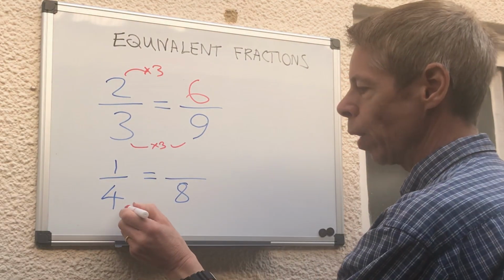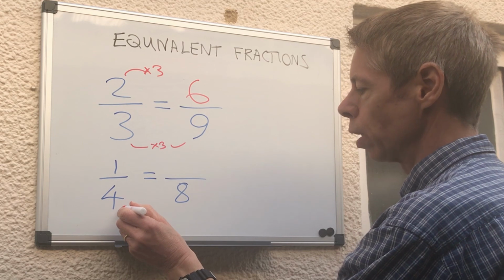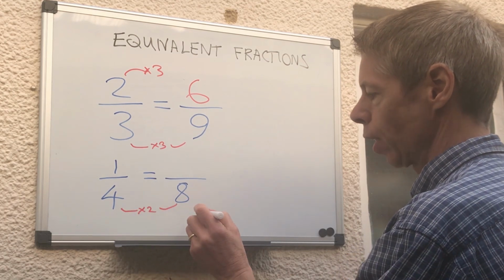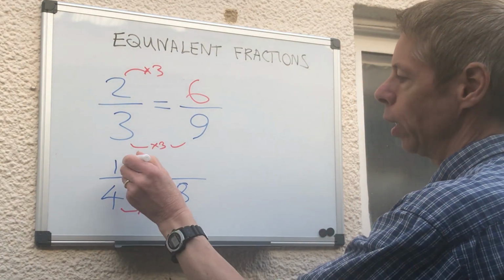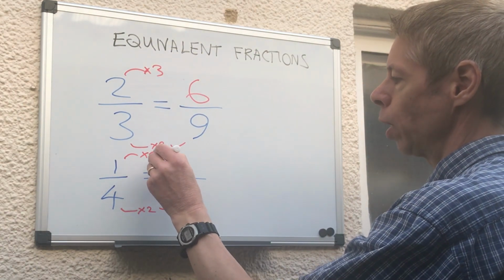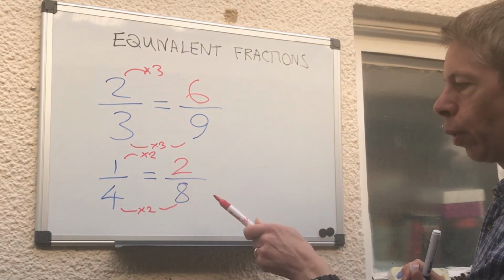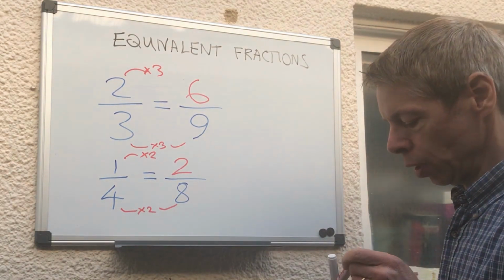Okay, hope you've all managed to work that out. So 1/4, because we've done 4 multiplied by 2 to get 8, we're going to multiply the 1 by 2 to give 2. So 1/4 is equivalent to 2/8.